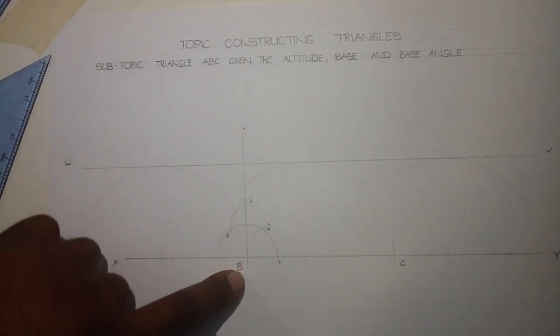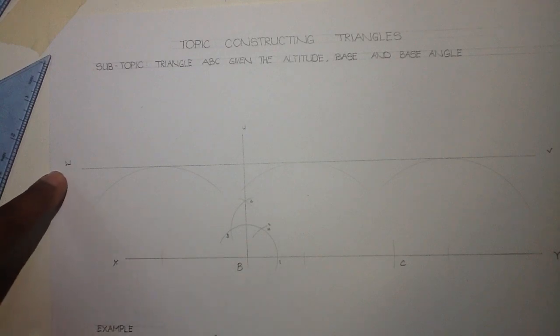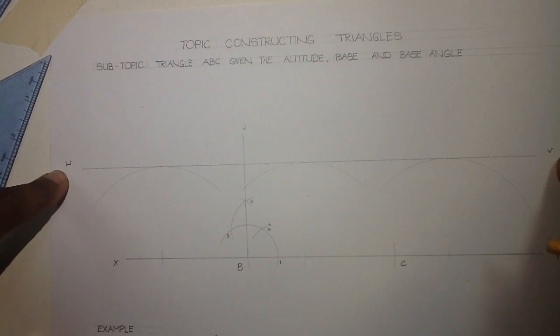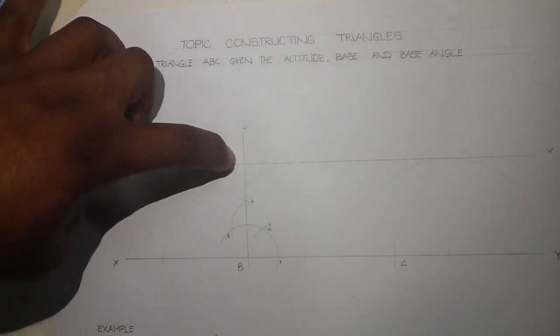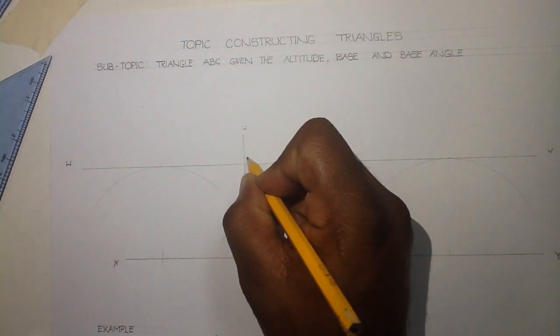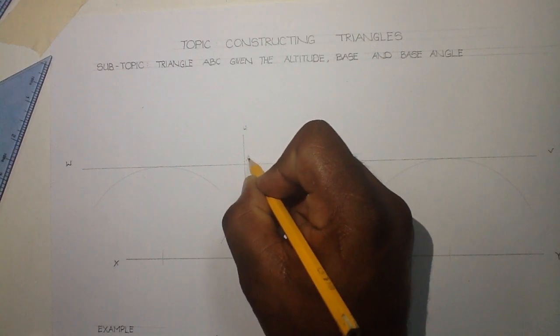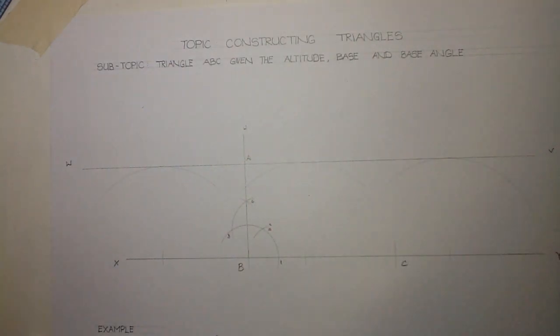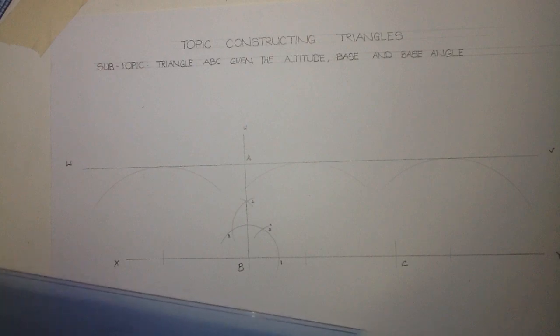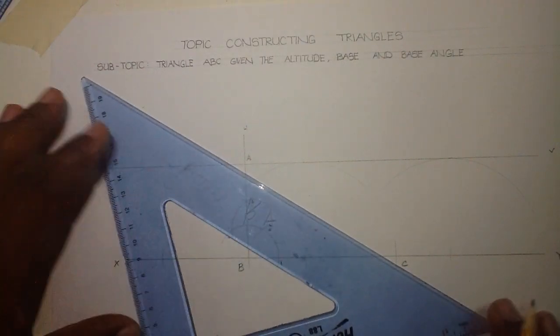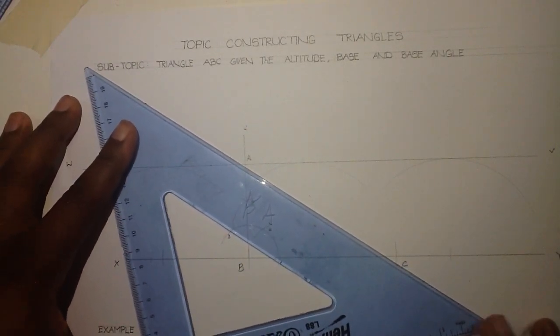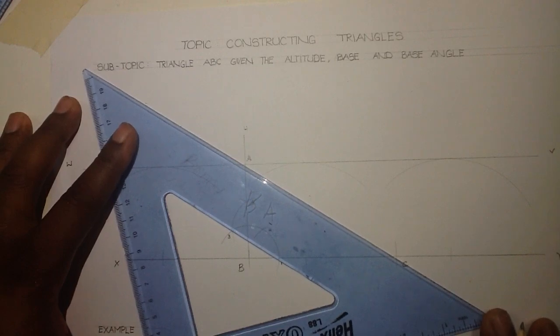Our line UB intersects our altitude line, or our parallel line WV, at point A. With point A identified, we then join point A to point C with another construction line.